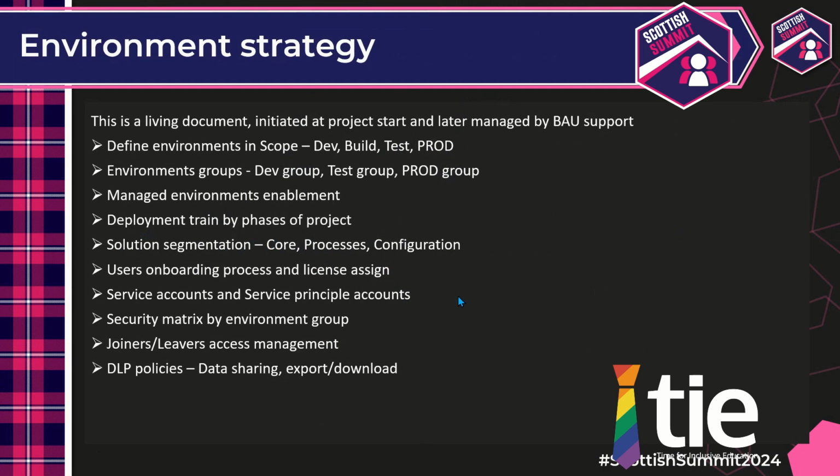And for accounts with less user control, this is an area where people fall apart if they don't plan properly: service accounts and service principal accounts. Most of the time I've seen issues in projects where a user runs Power Automate or some kind of process on their own, and once they leave the company or move into a different group, their account is locked or blocked.